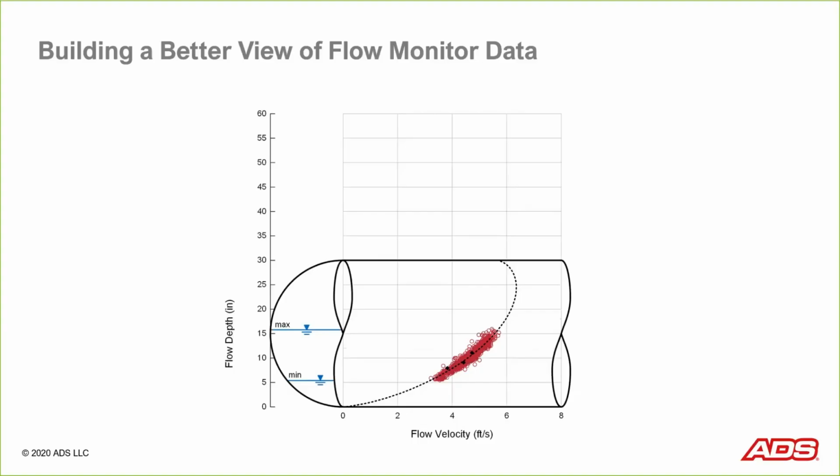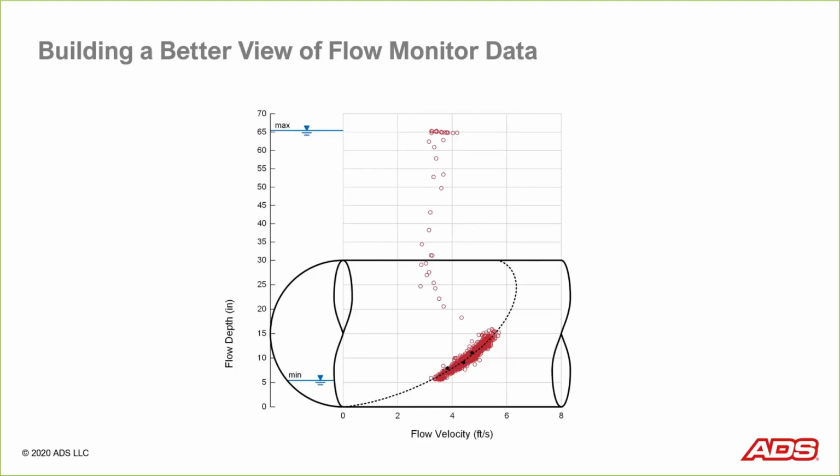You also look off to the left, and you can tell that our minimum depths are around 5 inches, and our maximum depths are around 15 inches. So we start to get a lot of context and a lot of information about what's going on here in this pipe. Now, this is just a snapshot of this sewer in dry weather. If I add some data from a wet weather event, I get this.